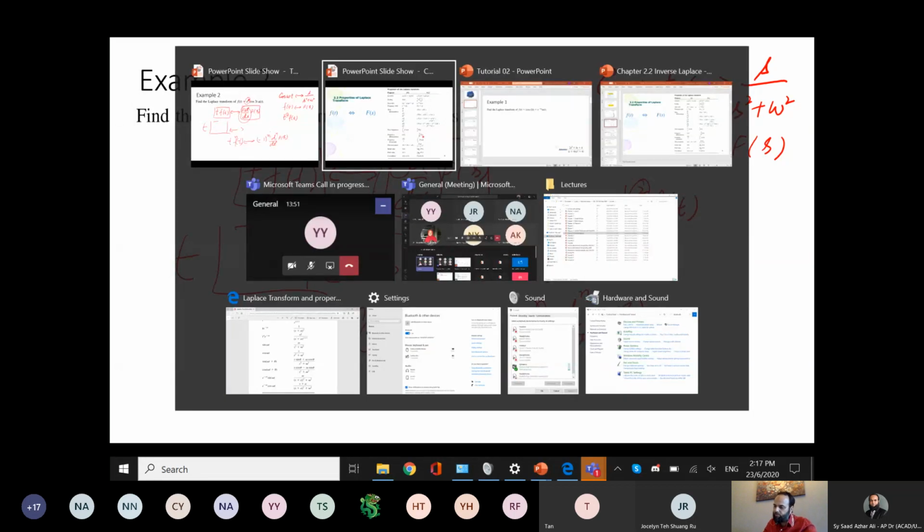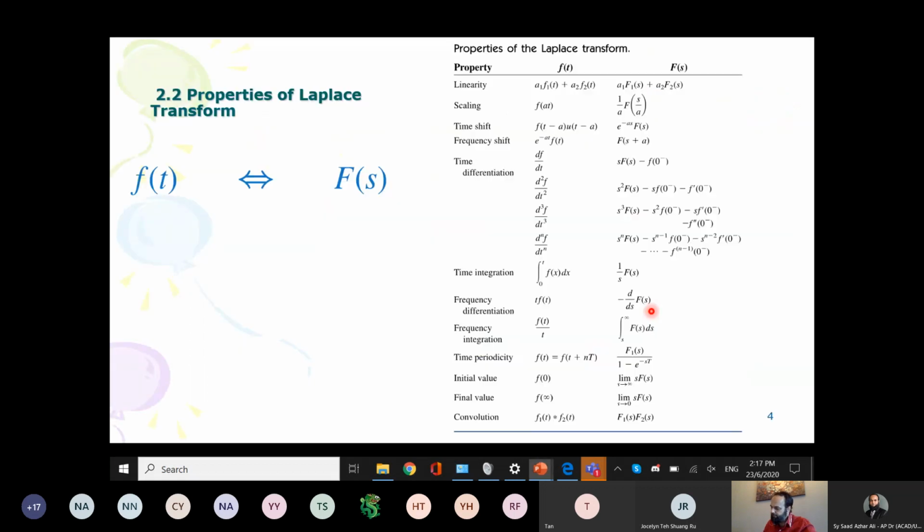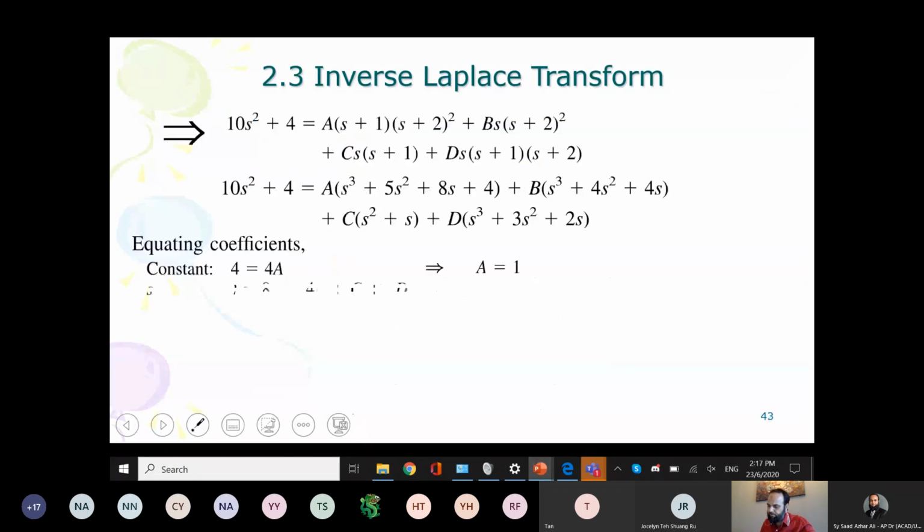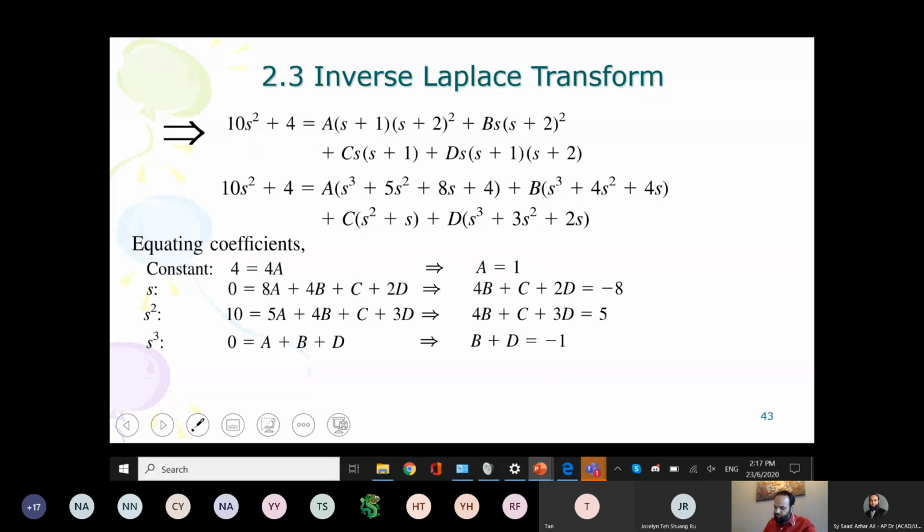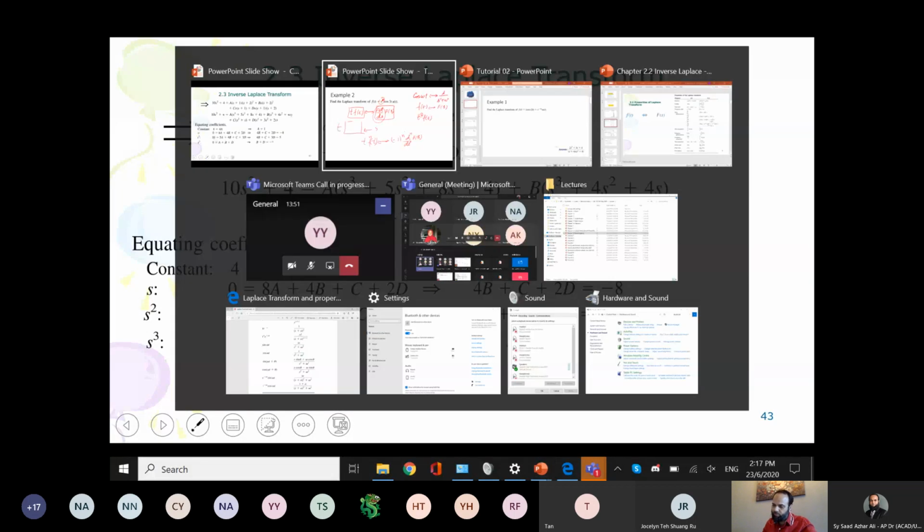I think we did this while we were doing the Laplace transform pairs. So 2.2, is it? This is inverse Laplace. It should be 2.3.1 actually.